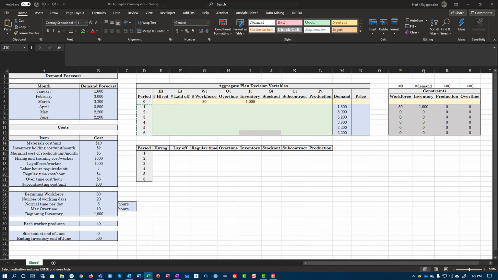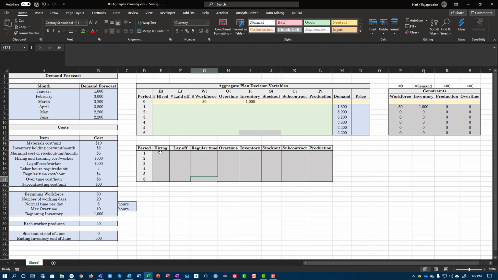So let's go ahead and set this up. Hiring cost is going to be essentially $300, and you have to put an F4, multiplied by the number of workers hired in that time period. We can copy this down, but let's wait and do each one first.